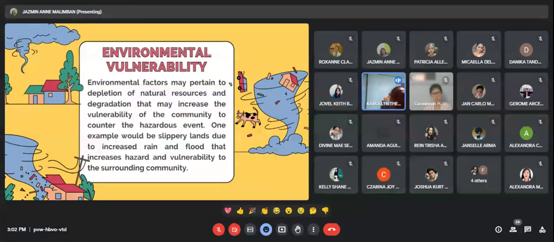Like for example po sa mga provinces po natin na may mga crops and vegetables po sila na mga tinatanim, once po na maapektuhan po sila ng hazardous situation, syempre po, flash floods and such thing po. So, automatic po yun, meron po talagang possibility of them being vulnerable due to the loss of the natural resources, which is yung mga crops nga po nila, which is source of income din po nila, leading to them being economically vulnerable din po. So, next po.